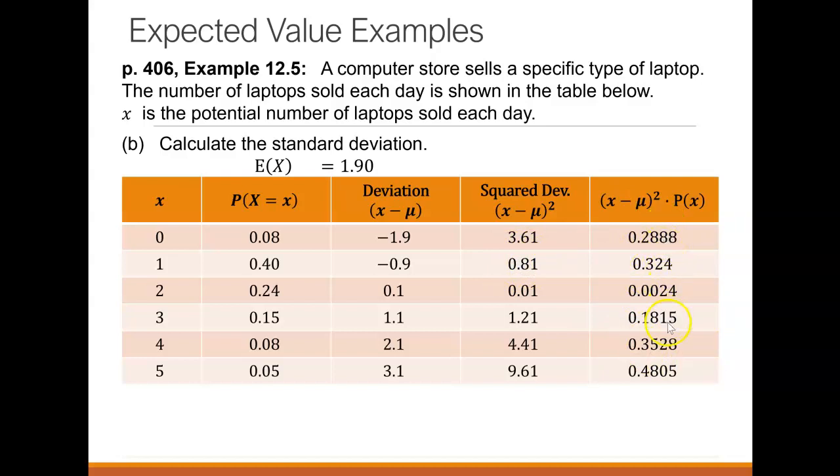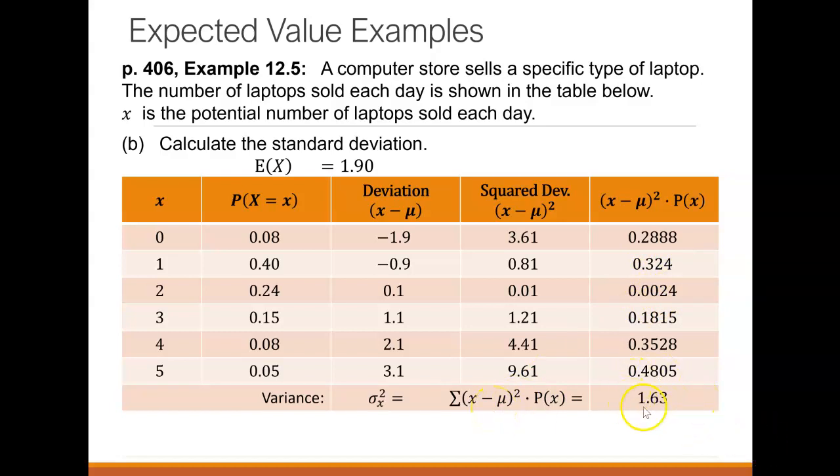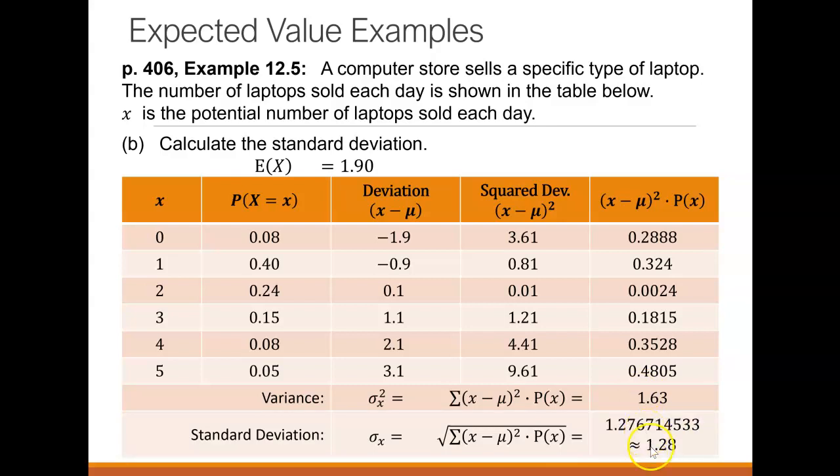I'm then going to add this column up, so 0.2888 plus 0.324 plus 0.0024, and so on, to get me 1.63. That's my variance. To get my standard deviation, I take the square root of that, and I get about 1.28.